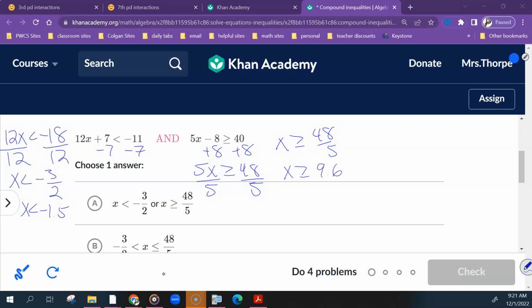So we want to draw our number line that has both of these things. You might have to skip some numbers. So let's see, 10, 8, 6, 4, 2, 0.